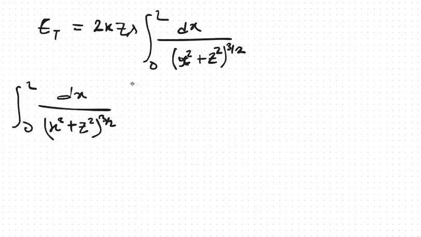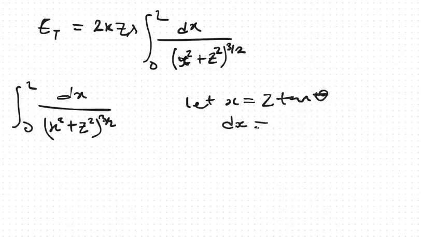For us to integrate this, we can make an assumption and say let x be equal to z tan theta. If we assume x to be z tan theta, then dx will be z sec squared theta d theta.